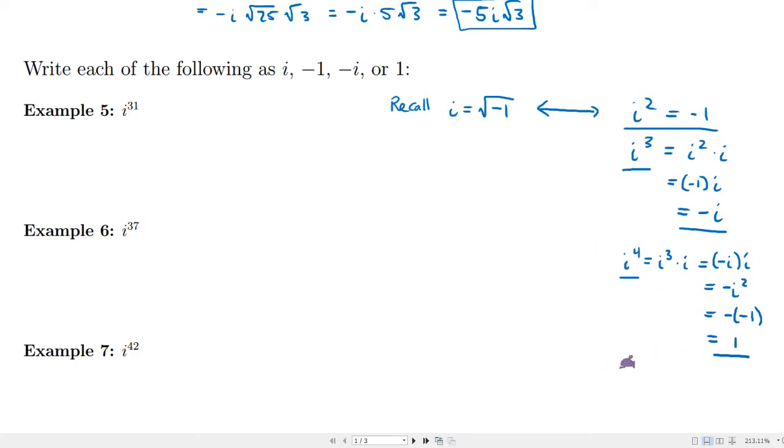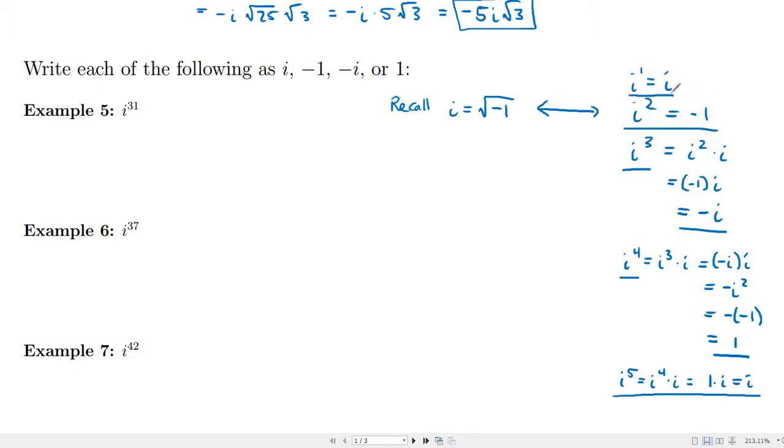Okay. And then if you do i to the 5th, this is i to the 4th times i, and i to the 4th is 1. So then we get 1 times i, which is just i. But then if you come all the way back to the first power, just i to the 1, that is i.